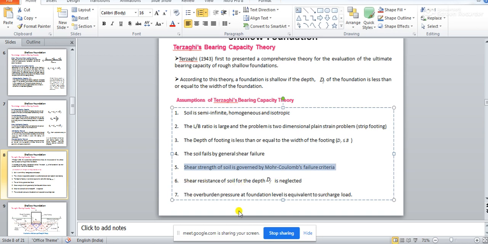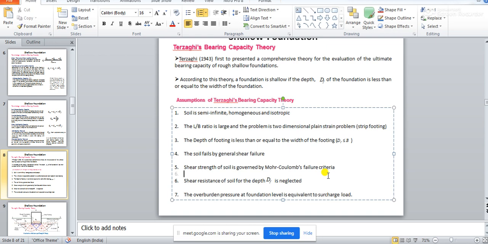Now the last two assumptions you will see while deriving some equation. It's not very important that you understand the derivation of the equation, but you should understand the assumptions of the bearing capacity properly. That's why I have given the 6th and 7th assumptions also. See, the 6th and 7th assumptions: the shear resistance of soil for the depth Df is neglected. What does it mean?